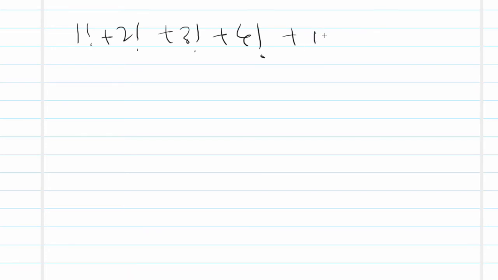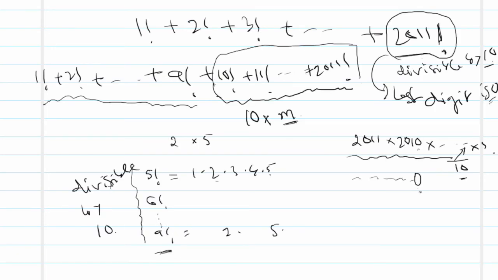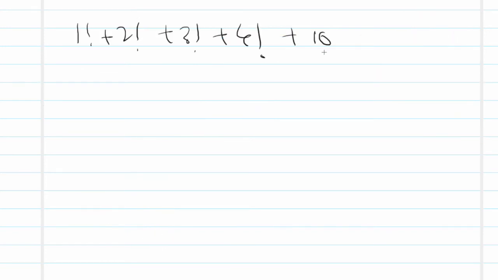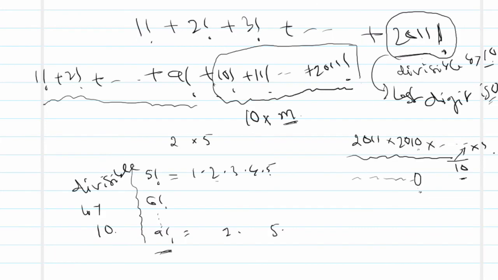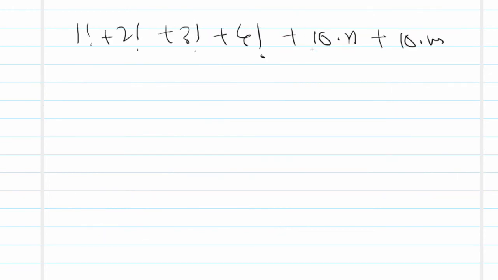All of them are divisible by 10, right? So you can write the sum of them as 10 times n, and initially it was 10 times m for these big numbers, after 10. So now we have 10 times n plus 10 times m, and this number is remaining.